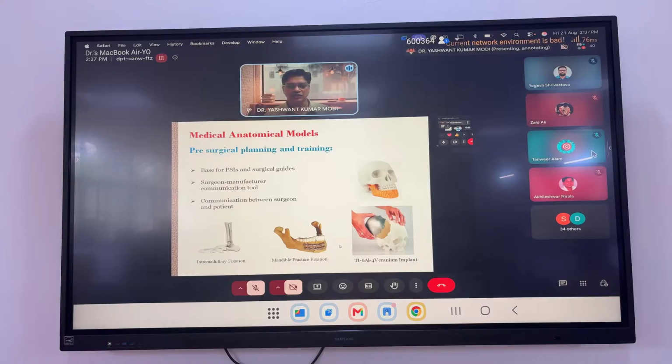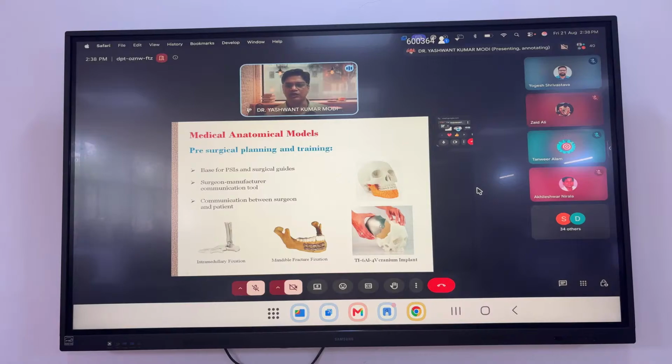So here you can see a model. This is mandible fracture fixation. This is the CAD model of the patient's mandible, and then they have fixed this broken mandible with the help of some fixing plates. This kind of model they can show to the patient as well as the manufacturer, what exactly they require, and the exact measurements of these plates they can communicate.